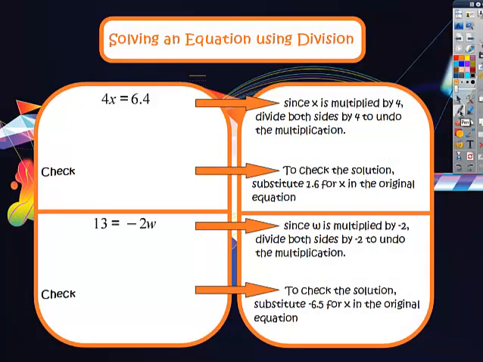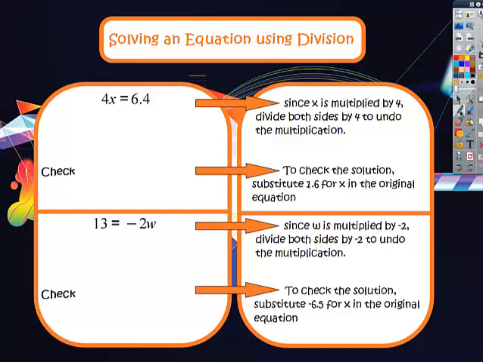Alright, so here we go. We're going to solve equations using division to start off. This top equation says 4x equals 6.4. Remember, whenever we have a number and a variable next to each other, like that 4 and x, the 4 is what we call a coefficient, and that means what's happening between them is multiplication.